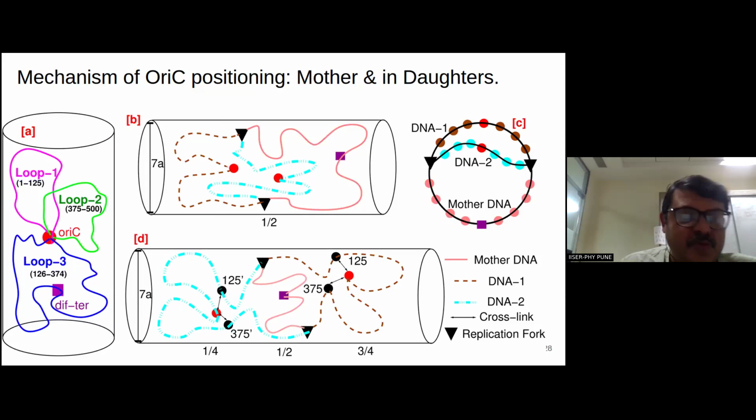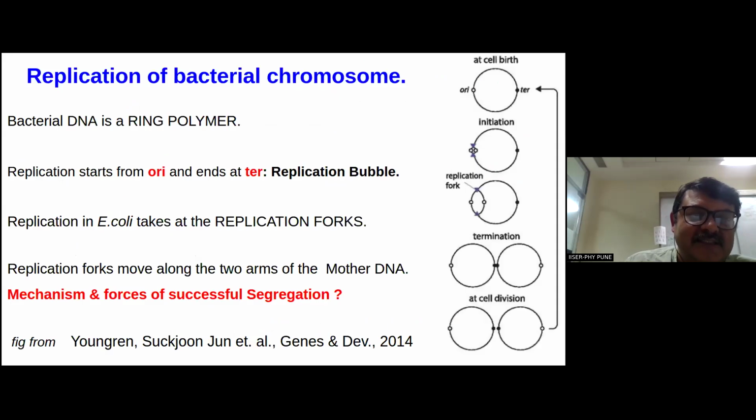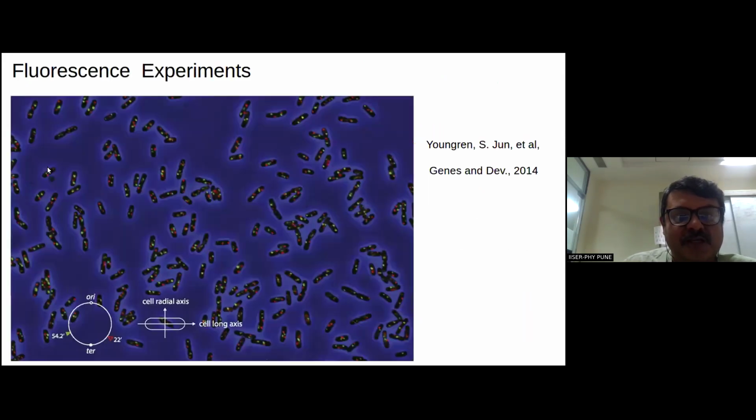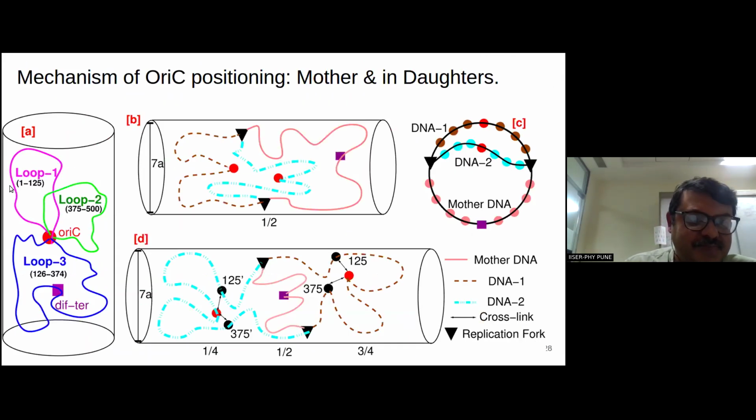What we propose is essentially that the chromosome has this topology. Previously I was talking about two full ring polymers, but now there is a replicating chromosome. Initially you have one mother chromosome like this, so you don't have two ring polymers, you have only one polymer.